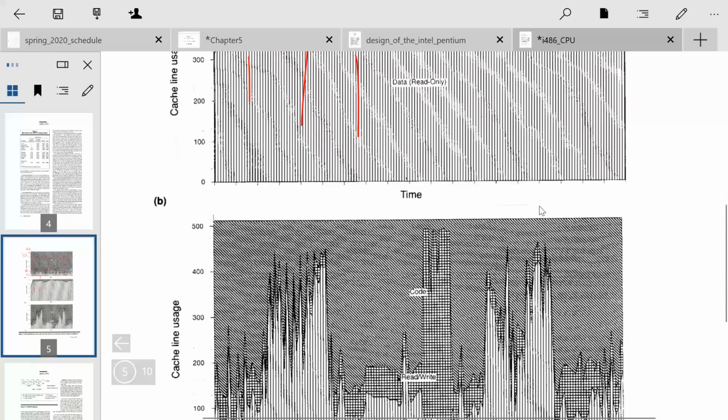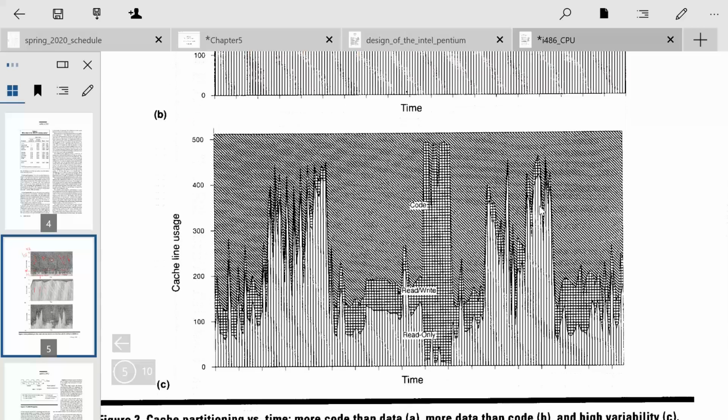And here we see wild changes over time as the application runs. Okay, where it starts off over here where it's mostly code, a little bit of read-write data, and a lot of read-only data. So that's probably the start, initialization of a program. And then as time goes on, the read-only data for some reason starts to dominate, and then it wildly varies.